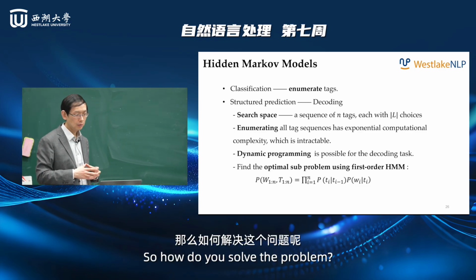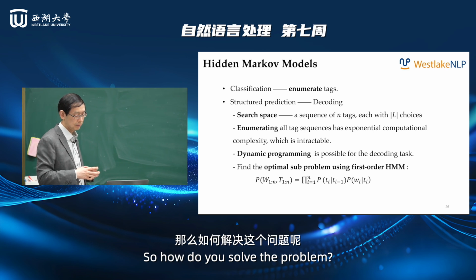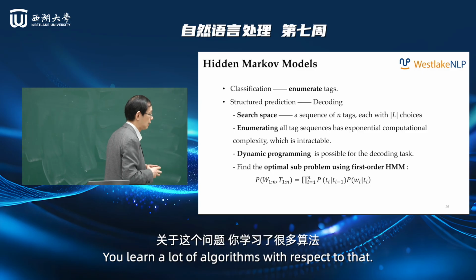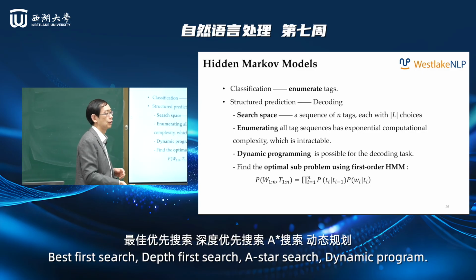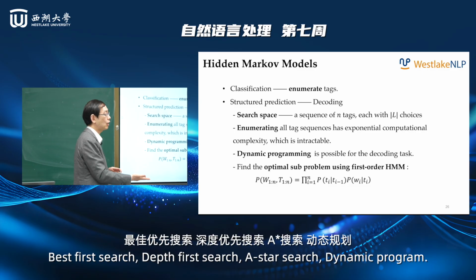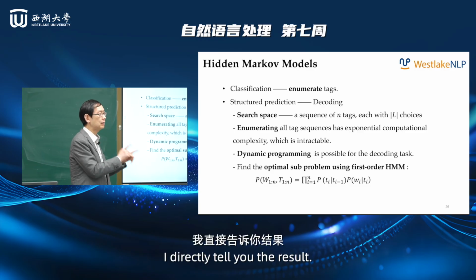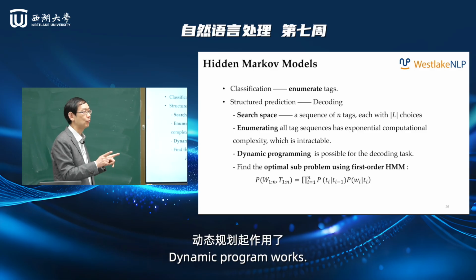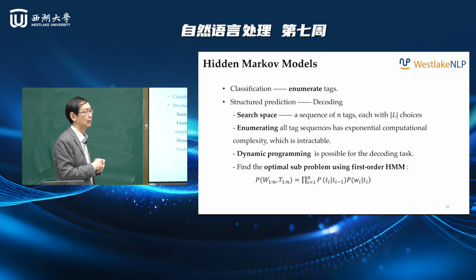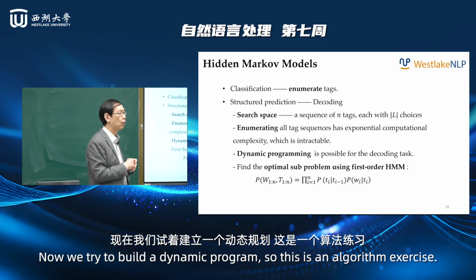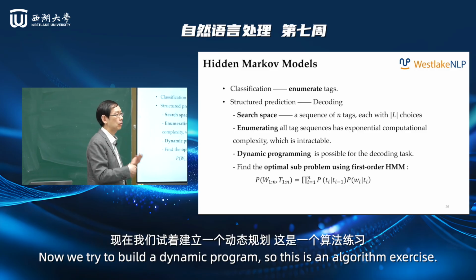So how do you solve the problem? You learn a lot of algorithms to that end: best first search, depth first search, A-star search, dynamic programming. I directly tell you the result: dynamic programming works. Now we try to build a dynamic program. This is an algorithm exercise.